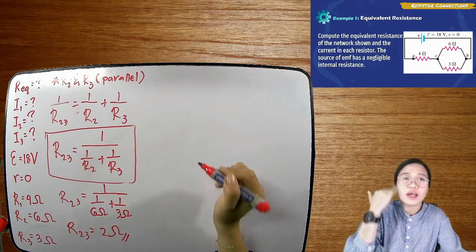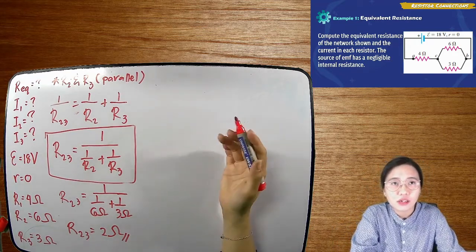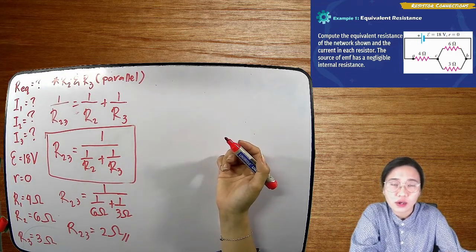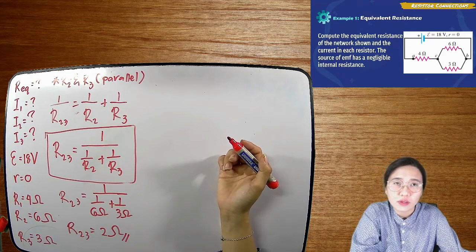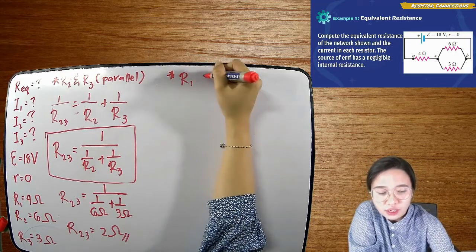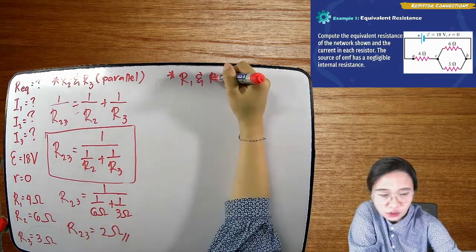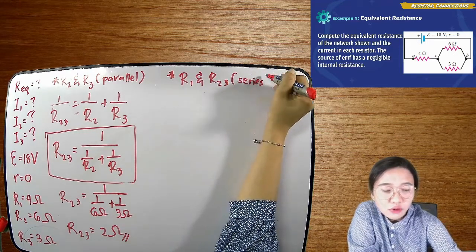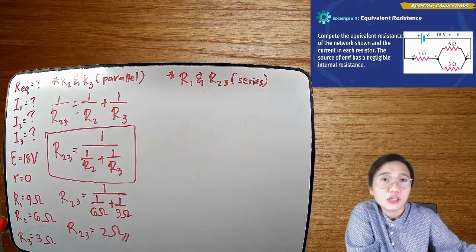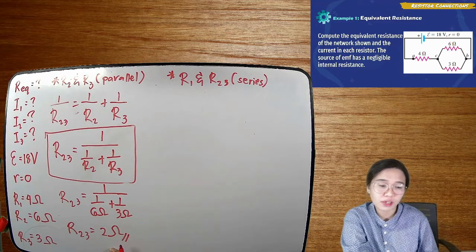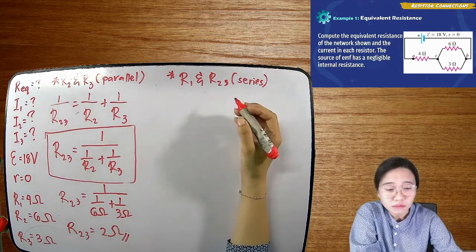So, after we have the parallel connection of those two resistors, we can now have a series connection with the 4 ohms. So now your R1 and your R23 are in series. The 6 ohms and 3 ohms can now be replaced by a resistor with a value of 2 ohms, since the equivalent stays the same.